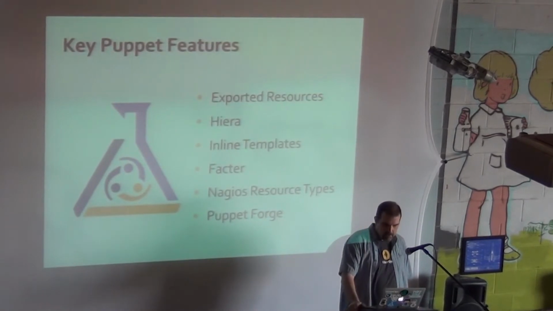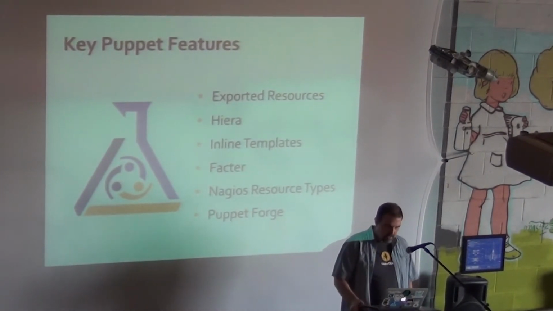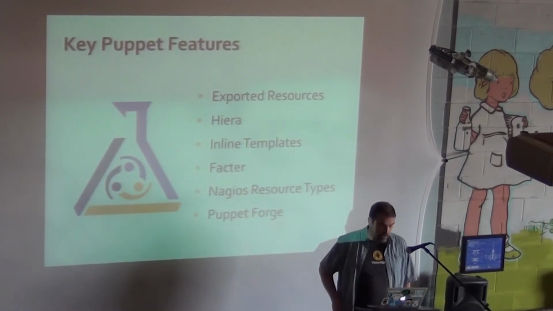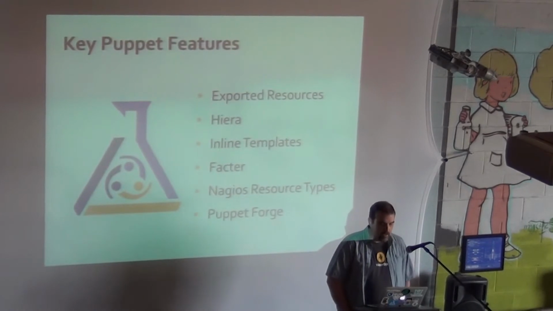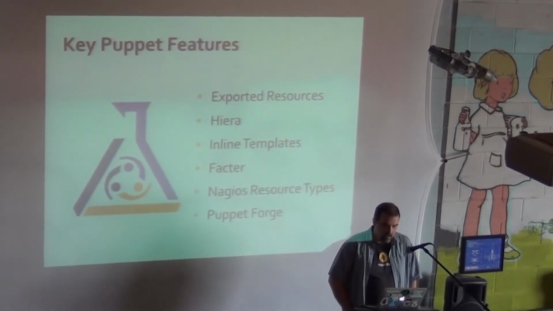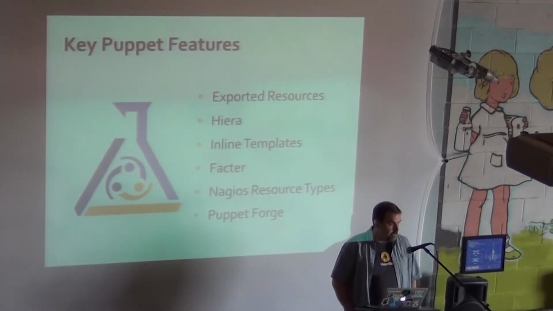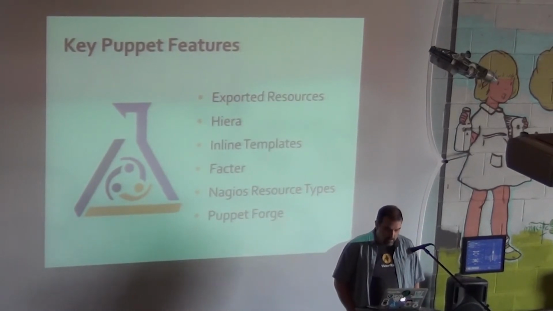All right, so let's talk about these key Puppet features I keep alluding to: exported resources, Hiera, inline templates, Facter, the Nagios resource types, and the Puppet filters. Not all of these are necessary for managing your Nagios config, but they all solve at least one particular problem for me, and they're all worth knowing about.